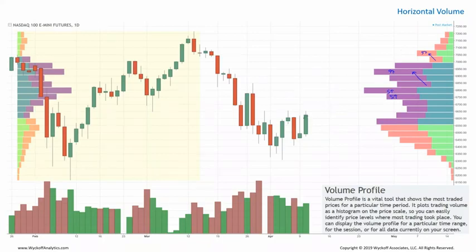And then we want to look at the structure and just say, does it make sense that this is where supply might come? All right, so would it make sense if the price rallies and then it meets this supply and then it reacts? Probably it would, because we had the previous attempt to do the same.